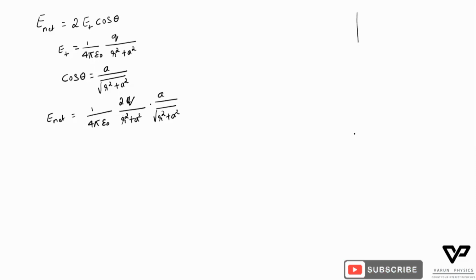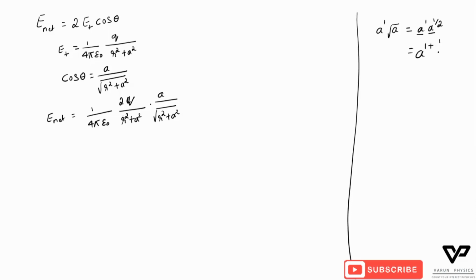See here, we have this A to the power of 1, and the root of R square plus A square can be written as R square plus A square to the power of 1 by 2. Therefore, if the bases are the same, I can add the powers. We know this from basic school level concepts.